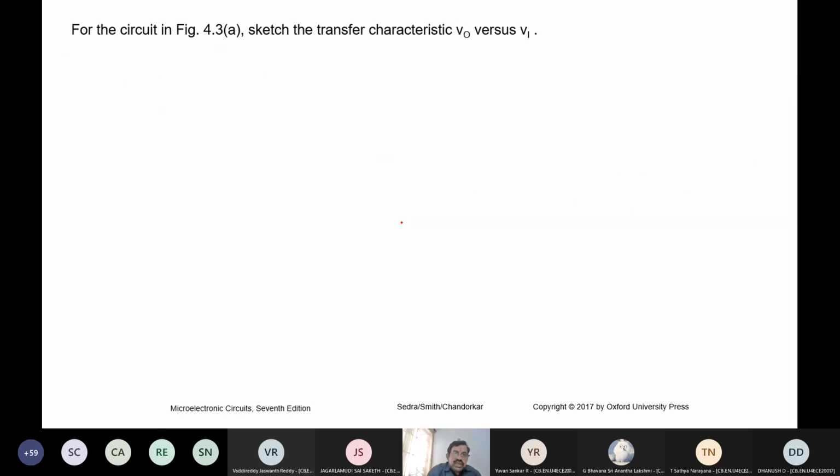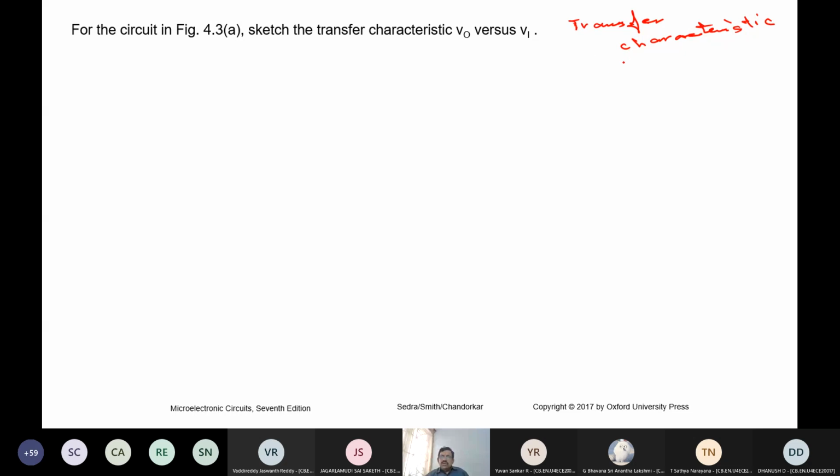For the circuit in the figure, sketch the transfer characteristics V0 versus the input. A transfer characteristic is always output versus input. You will come across this word in the electronic circuits lab when the college reopens, and you will be doing all these experiments in the lab.